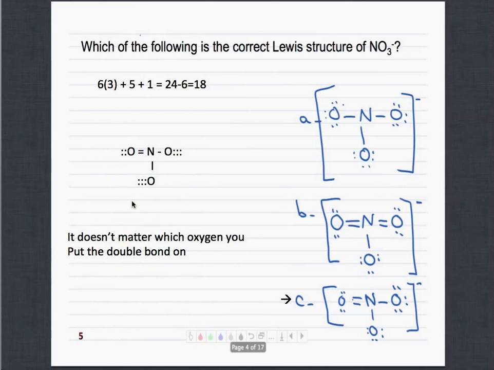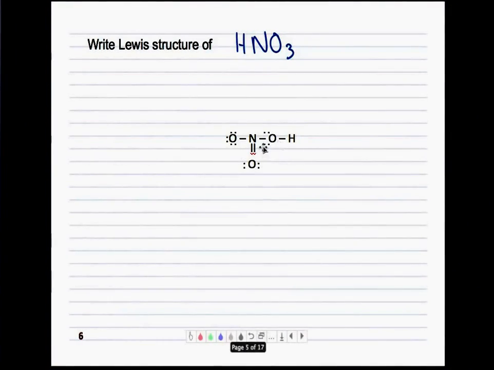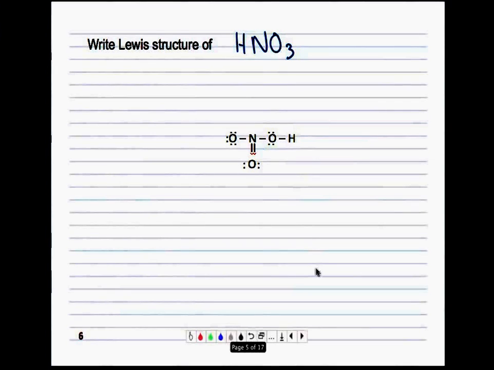Now how are we going to write the Lewis structure of something like HNO3, which is considered an oxo acid? By definition, oxo acids are the acids that have oxygen in them. For example, HCl, we learned in chapter 2 that it is an acid, but it isn't an oxo acid. Why? Because it doesn't have an oxygen.